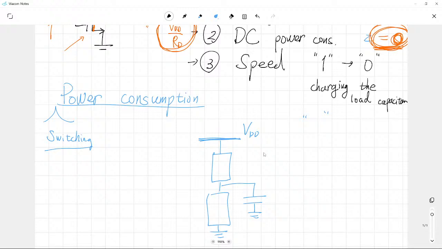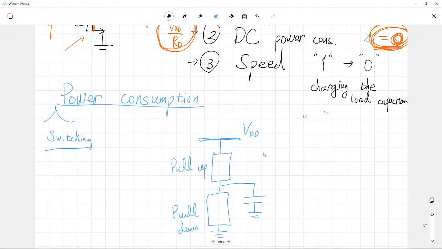Usually the lower part is called the pull-down circuit, and the upper one is the pull-up circuit.